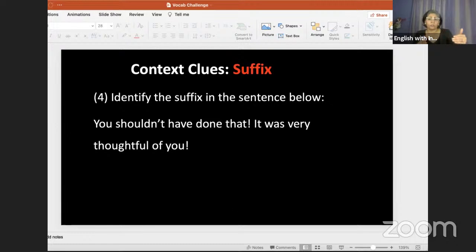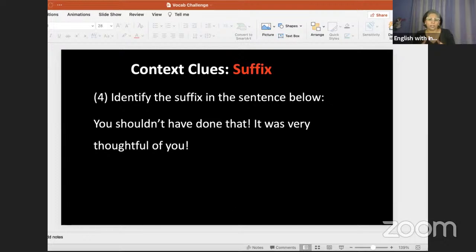A suffix comes after the base word, and pre means what? Before. So the prefix comes before the word. In this one, we need to identify the suffix in the sentence below.